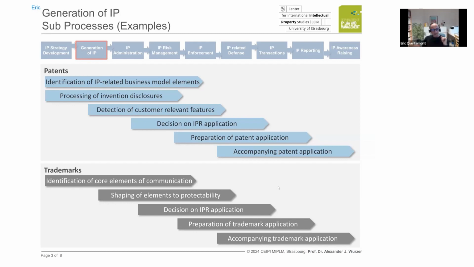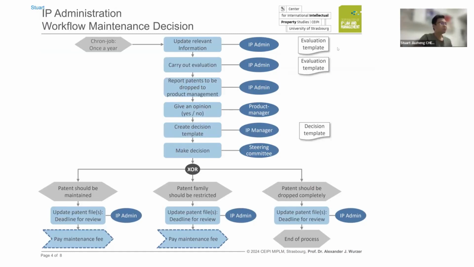So next one. We will talk about the IP administration workflow and its maintenance and how to make wise decisions. So this IP administration should be considered as a chronic job. It should be operated once a year. First, we should update relevant information provided by the IP administrations, and then it's necessary to carry out evaluation.